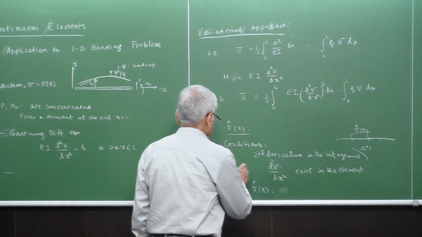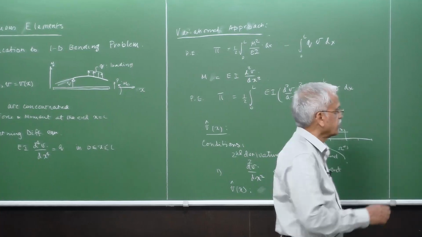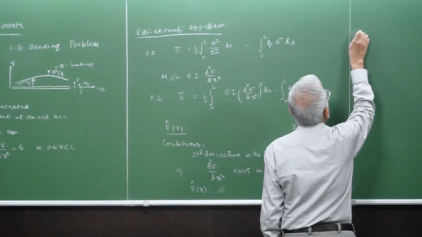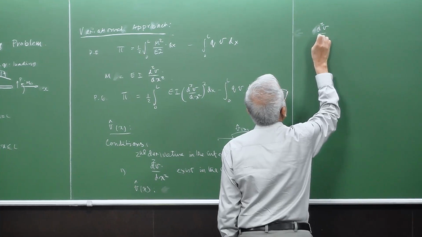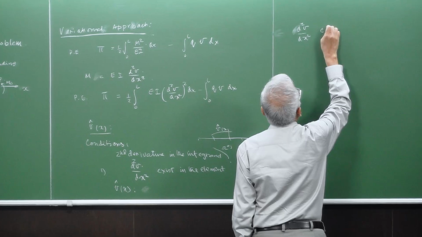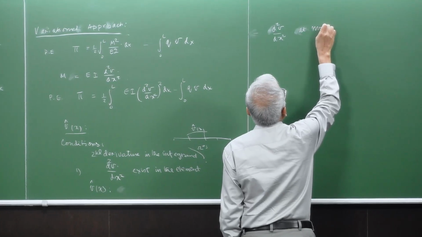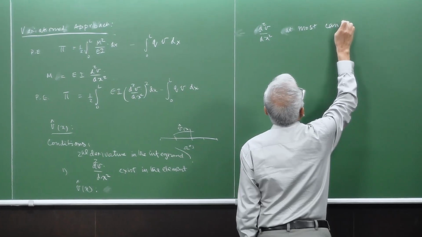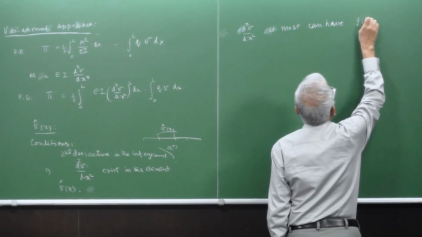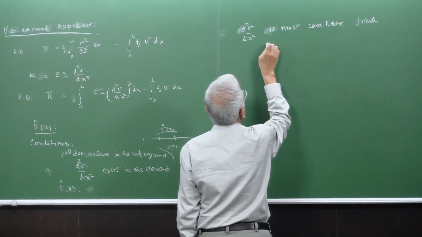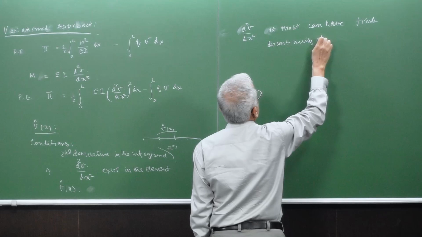What is the other condition? As far as inter-element continuity is concerned, d square v by dx square is essentially continuous, but at the most can have a finite discontinuity at element boundaries.